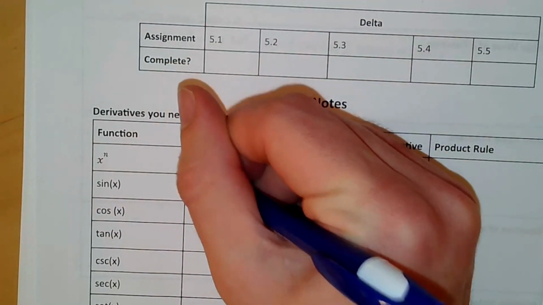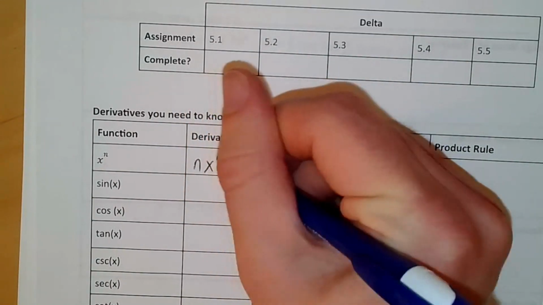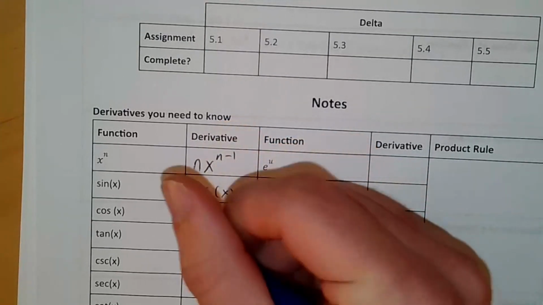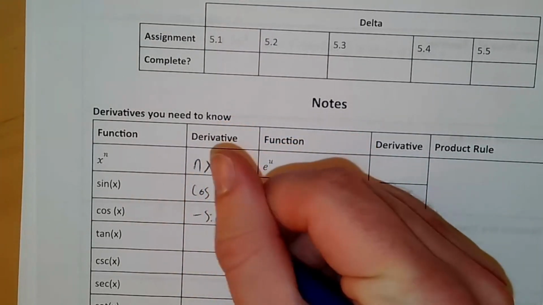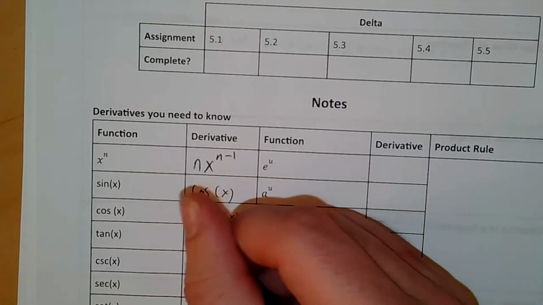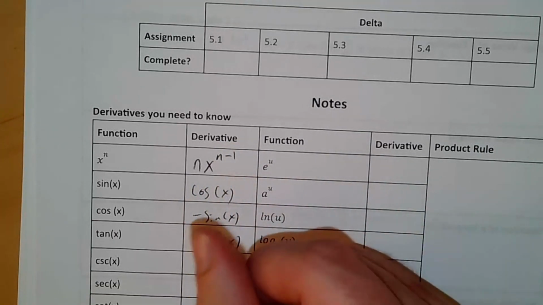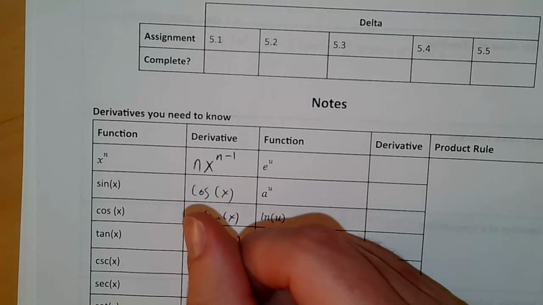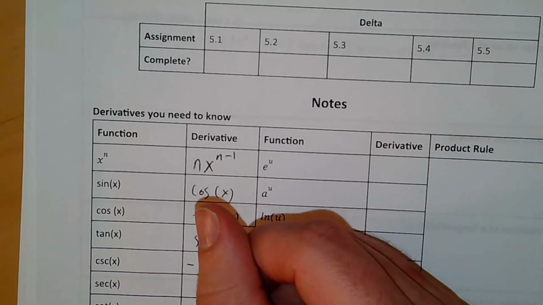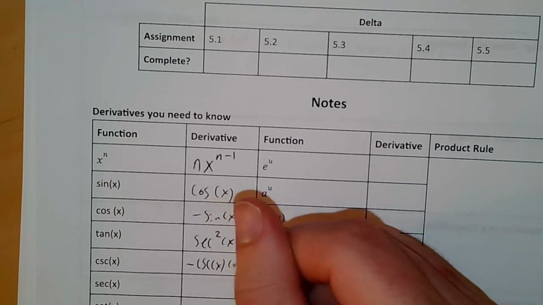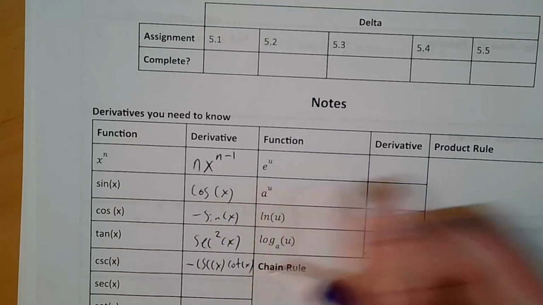The derivative of x to the n is just n x to the n minus 1. Sine x is cosine x. Cosine x is negative sine x. Tan x is secant squared x. Cosecant x is negative cosecant x cotangent x.